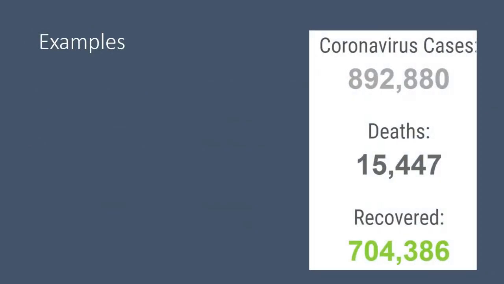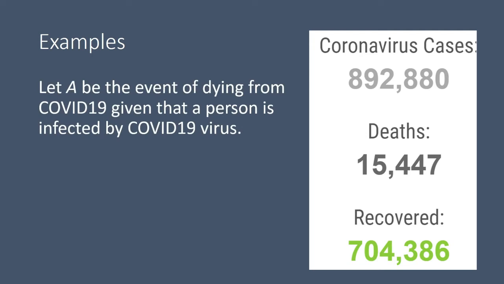So these are the latest stats I got from a website that is monitoring the cases of coronavirus infection, the deaths, and many more. Let A be the event of dying from COVID-19 given that a person is infected by the COVID-19 virus. So we are talking here about probability, and believe it or not, we can give a number to this.